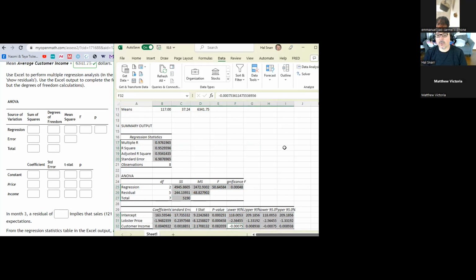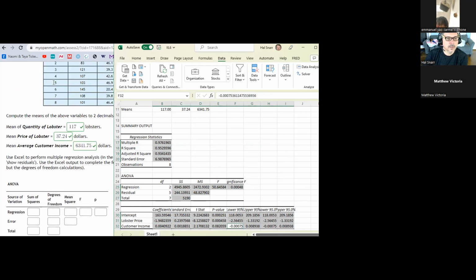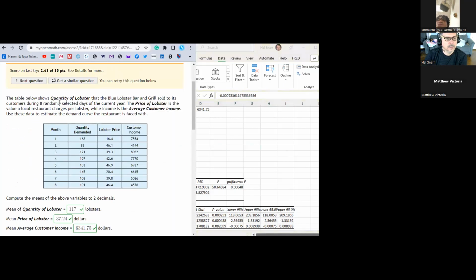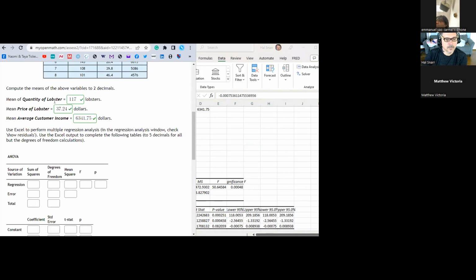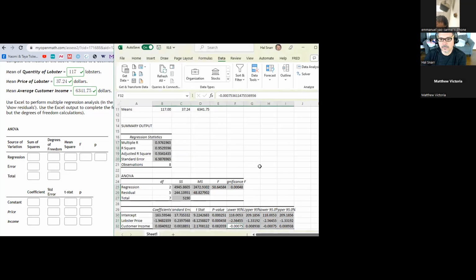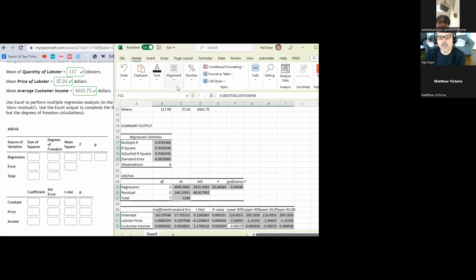All right, I got all the numbers. I want to round to how many decimal places? Two decimal places. Five decimals. Why? It's not working. So I'm going to come up here to home, click on the number, and add or reduce the number of decimal places to 5.